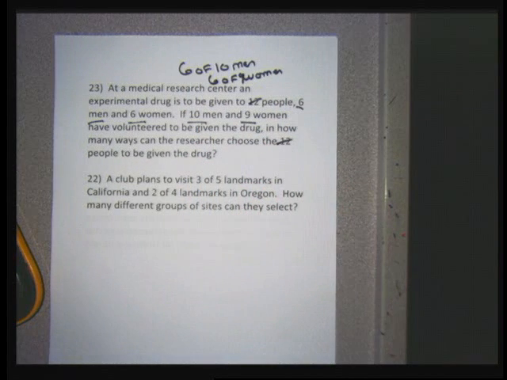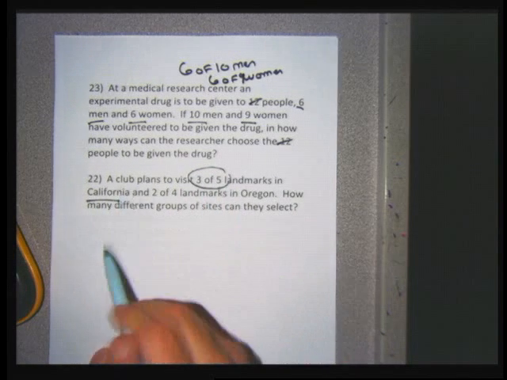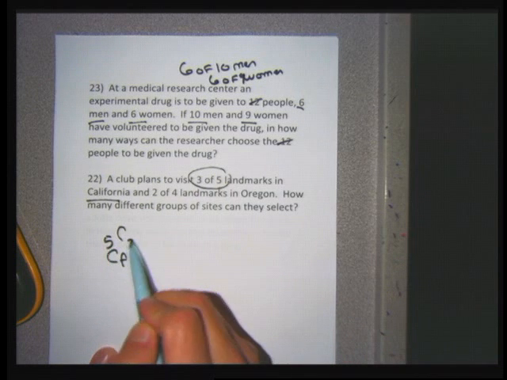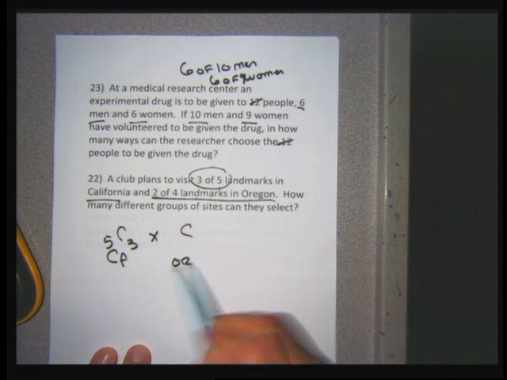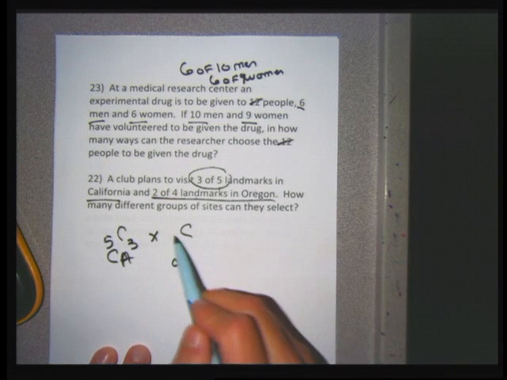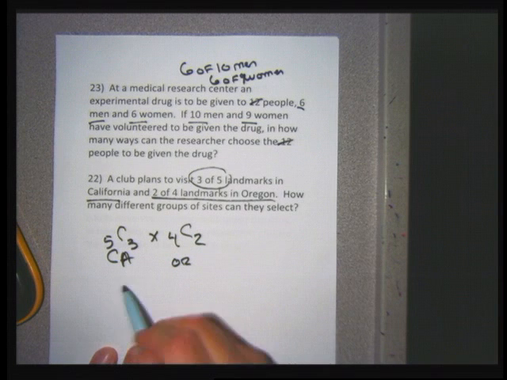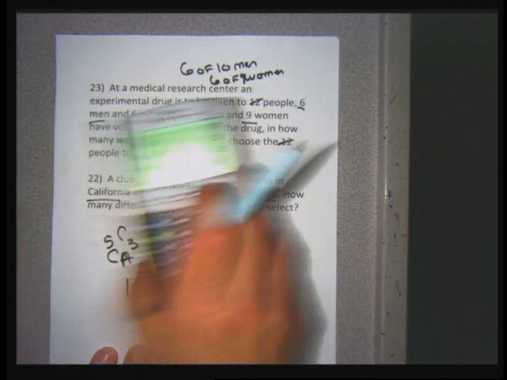For my problem 22, the club wants to visit 3 of 5 landmarks from California, so I'm going to make one for California. And they want to get 3 of the 5 landmarks. And from Oregon, they want to do 2 of the 4 landmarks, because that's all they have time to do. 5 choose 3 is 10. 4 choose 2, I think, is 6.